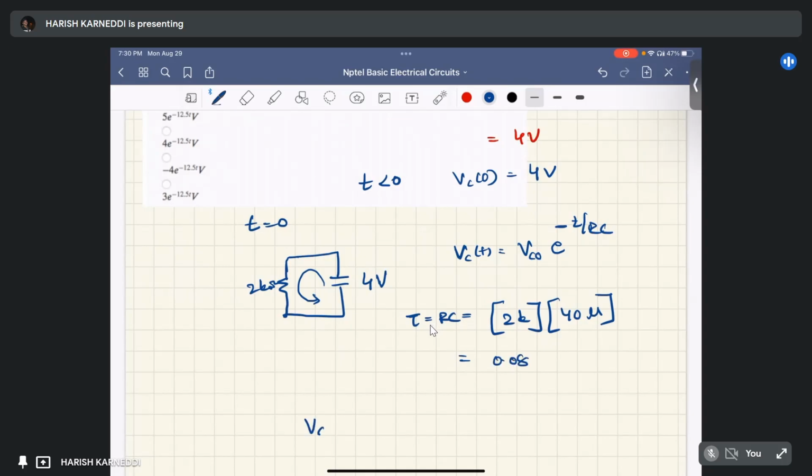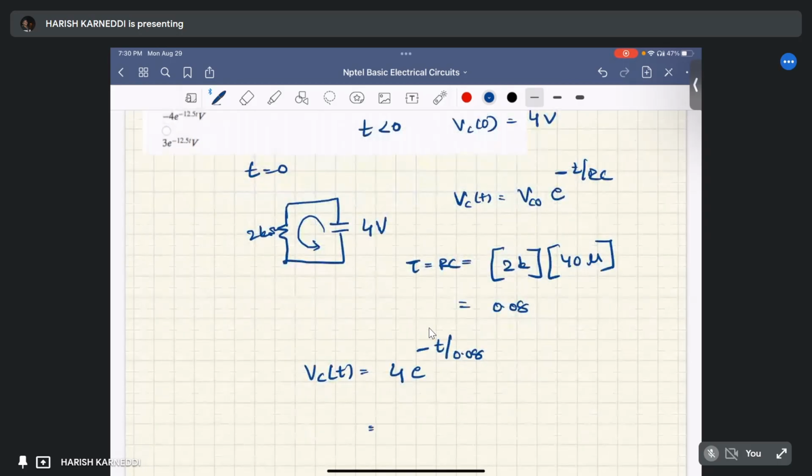So Vc of t equals the initial voltage 4 volts into e power minus t by 0.08. What is 1 by 0.08? It is 12.5. So Vc of t equals 4 into e power minus 12.5t. This is Vc of t.